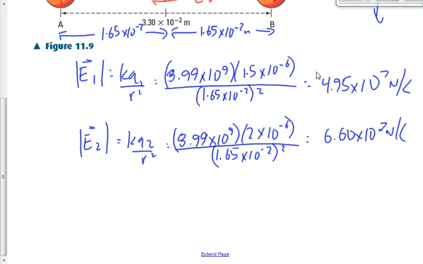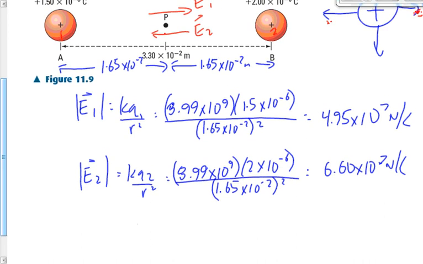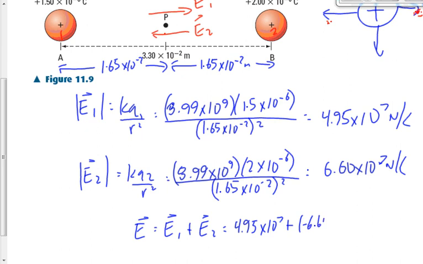So now let's combine these, right? Now let's say the net field is equal to field 1 plus field 2, which is field 1 is 4.95 times 10 to the 7 plus negative 6.60 times 10 to the 7.